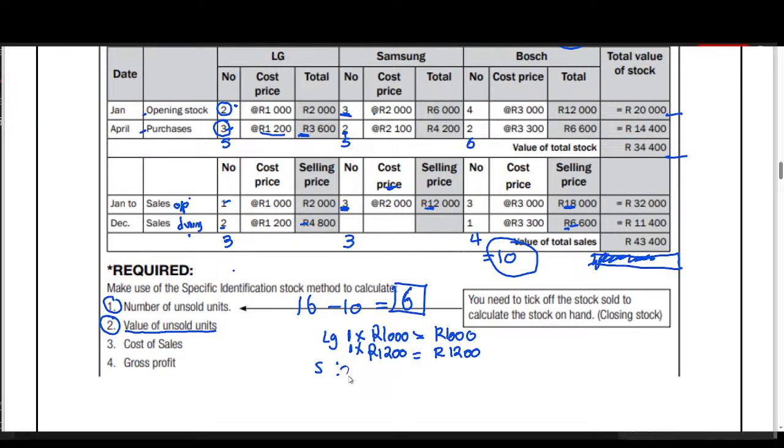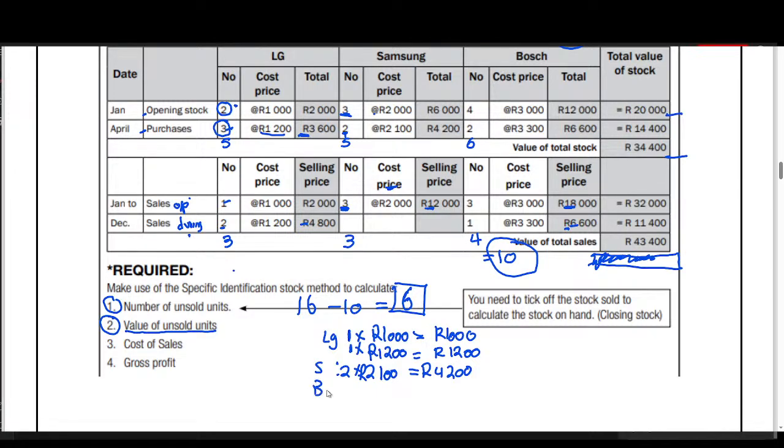So how much was the cost price of these 2 units? It was 2,100. So we multiply by 2,100. How much is this one? It's 4,200. Okay, then we go to Bosch.